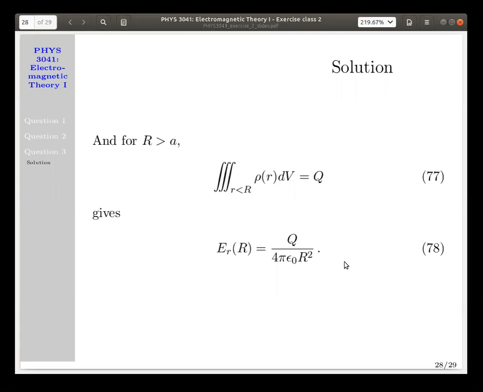And for the case outside the sphere, the charge contained in that surface always equals the total charge of the sphere, which is Q. So the electric field would be equal to Q over 4 pi epsilon naught r squared.